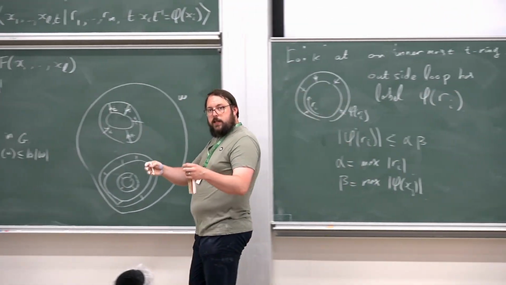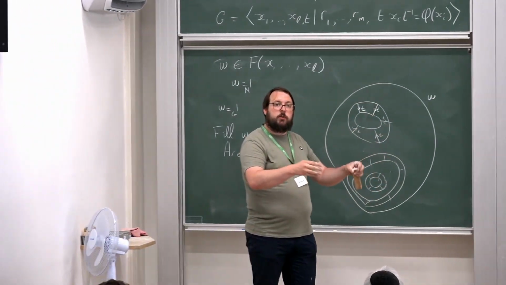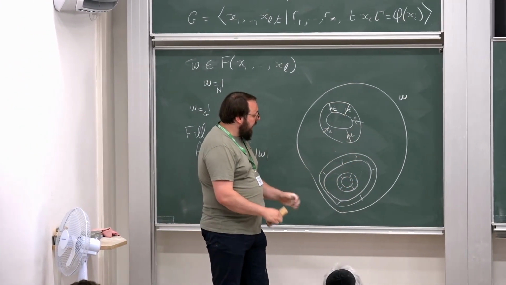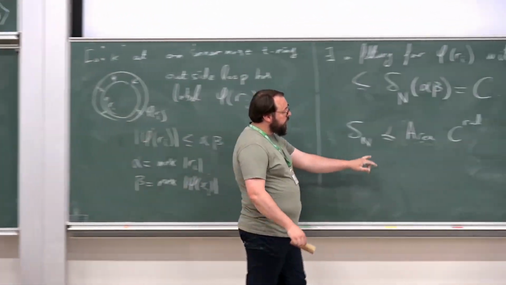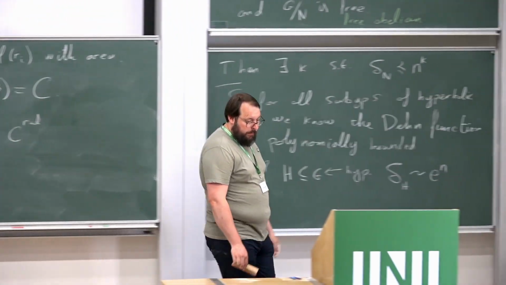Each time I apply this innermost T-rings argument, I multiply the area by perhaps c, and I have to do that at most the radius number of times. So if I knew these two functions, I'd be happily done.